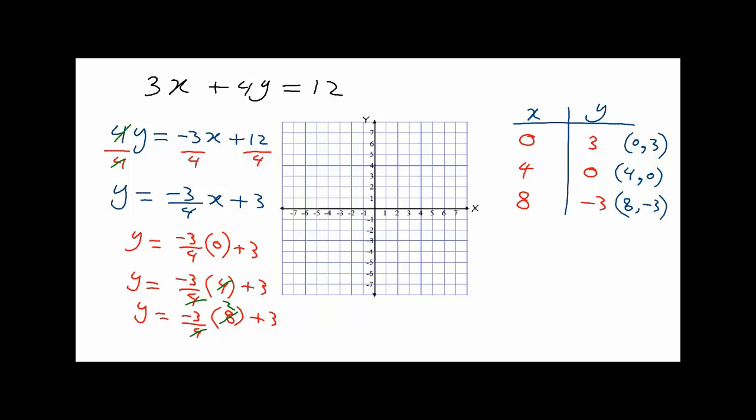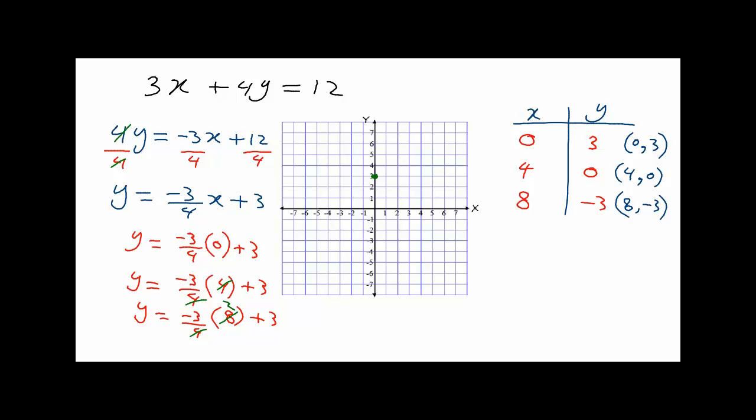We can go to the plane now and try to plot these points on the plane, 0 and 3. So we don't move left or right from the origin, and then we go up for 3 units. So the first point is in this place.